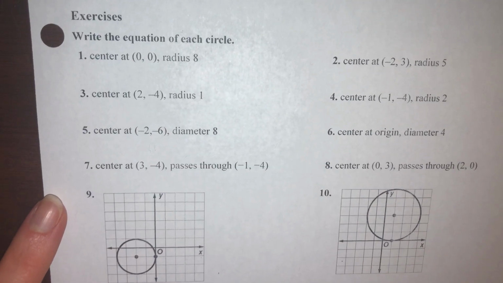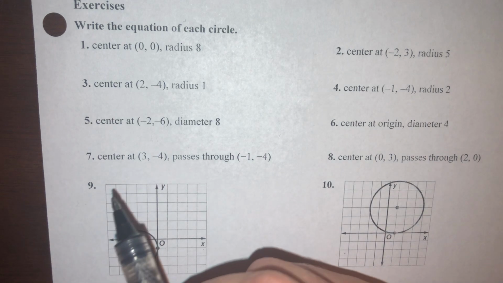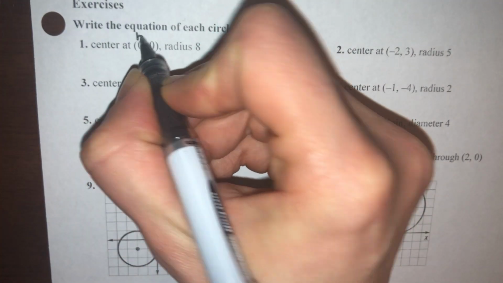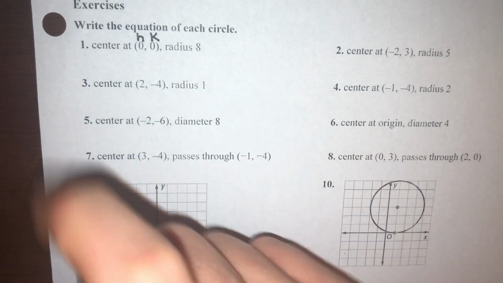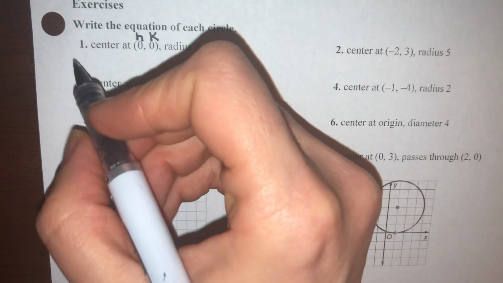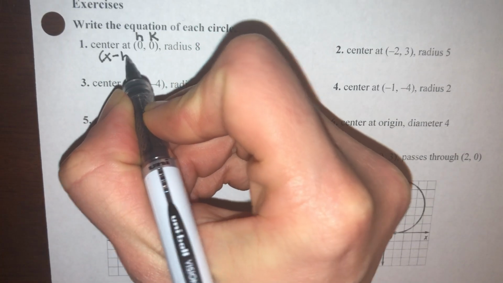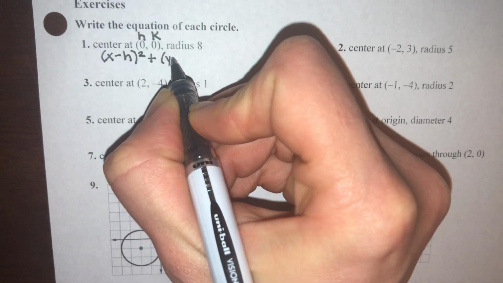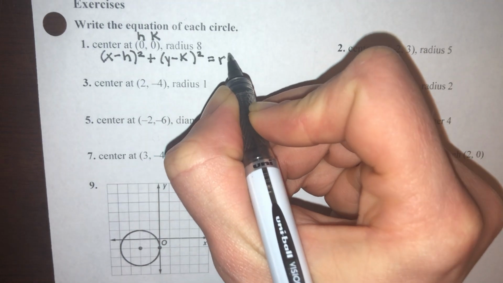The directions tell us to write the equation of each circle. Number 1 gives us a center at 0, 0, which of course is the origin. So the center tells us our h and our k, and then the radius is 8. We'll start with writing the formula: x minus h squared plus y minus k squared equals r squared.